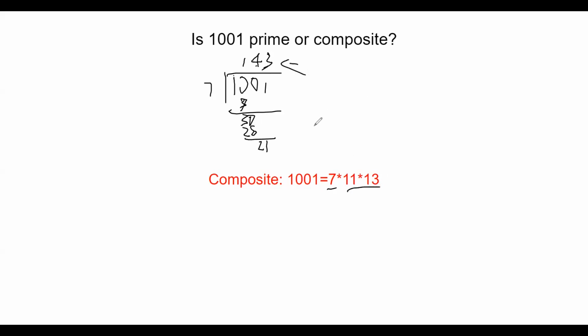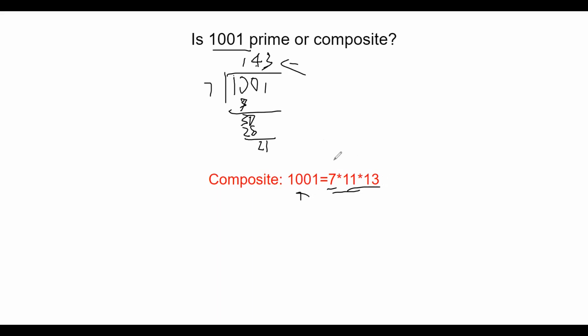So that's the process of prime factorization, where we take the big number and split it into a product of prime numbers. The important part is that each number has a unique prime factorization.